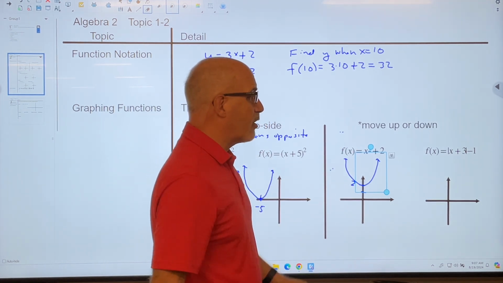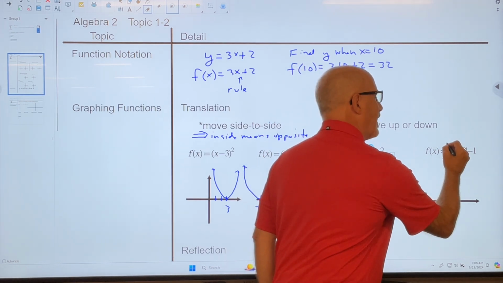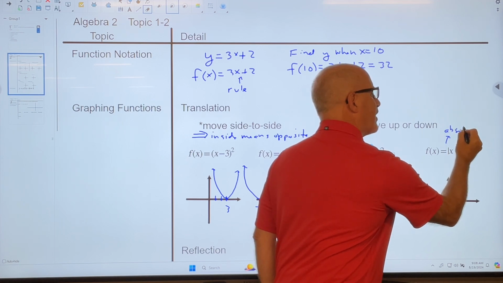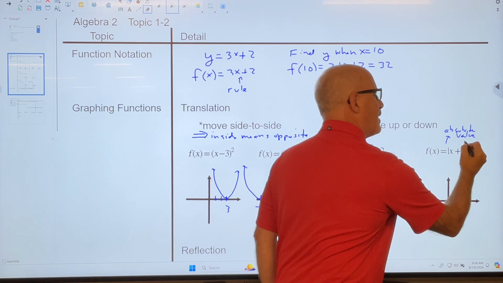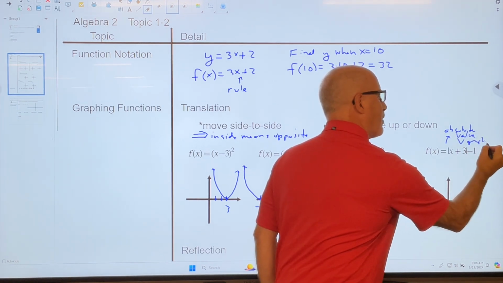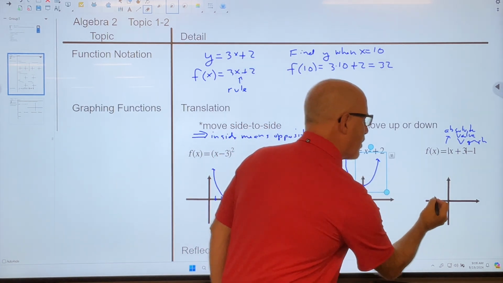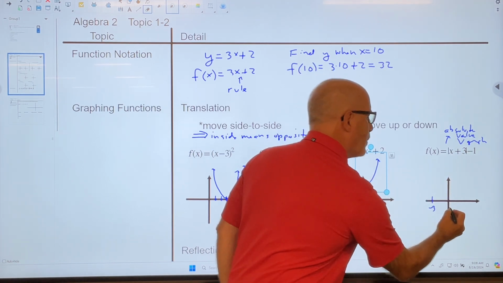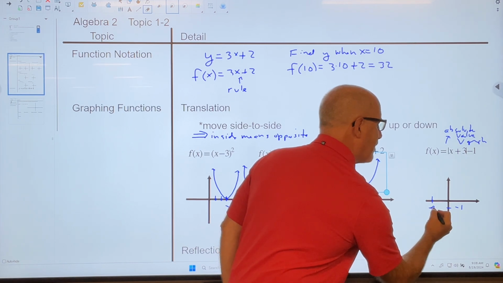Now this one over here, we're going to do both of them. The inside, now this is going to be a V. Remember, absolute value is going to give me a V graph, not a parabola. So when I look at this one, this plus 3 on the inside, I'm going to go over to negative 3 here. And then this minus 1, I'm going to go down to negative 1. And here's where my V starts.